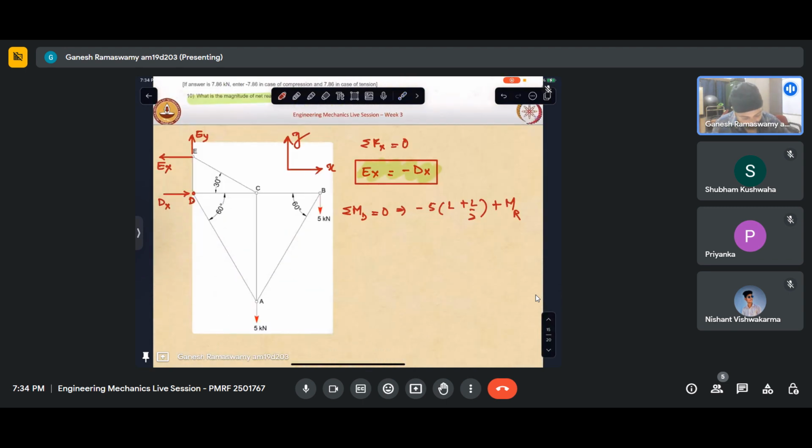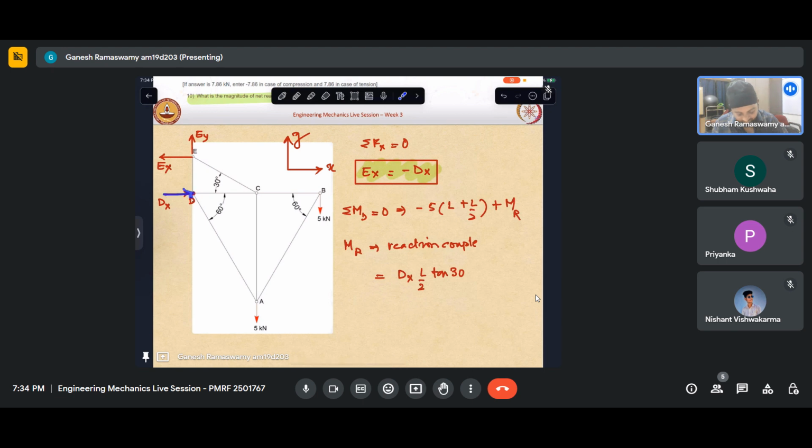So MR is a reaction couple which is equal to dx into distance L by 2 tan 30. This may well be Ex also, only it will be negative. So I hope that that is clear.